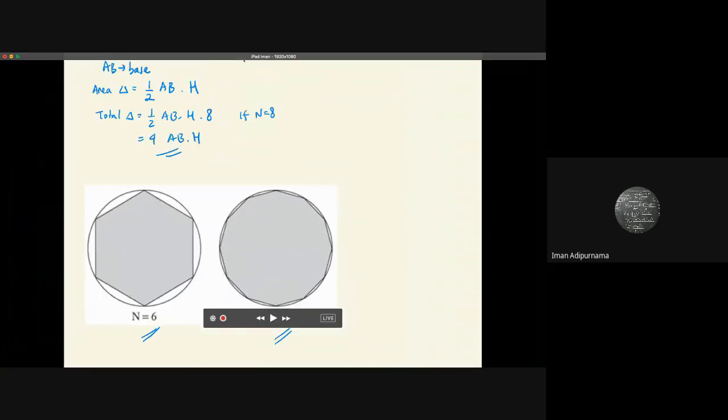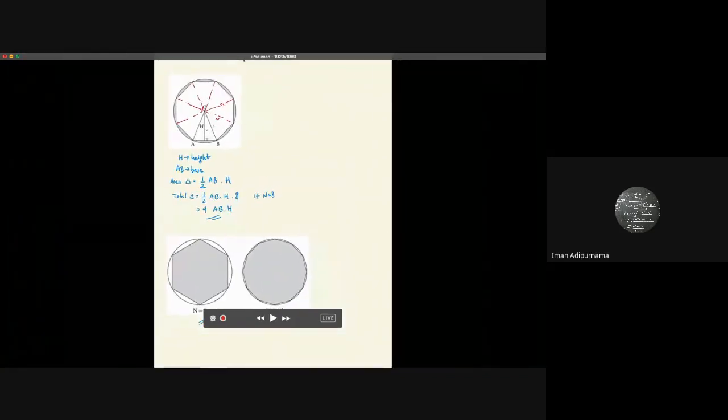So approximating a circle as n gets larger.